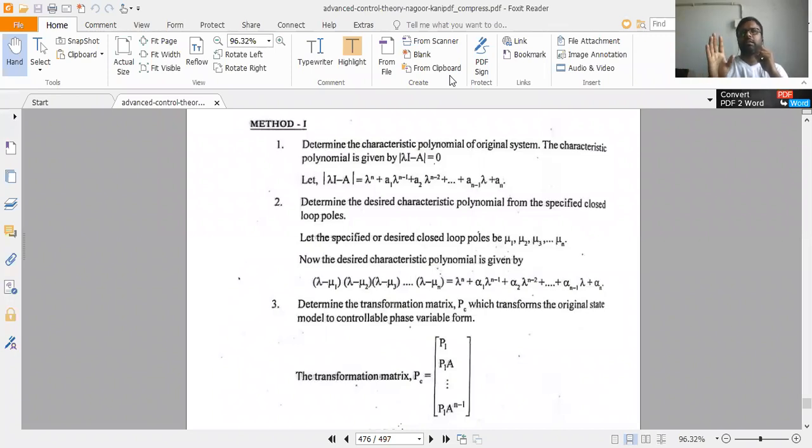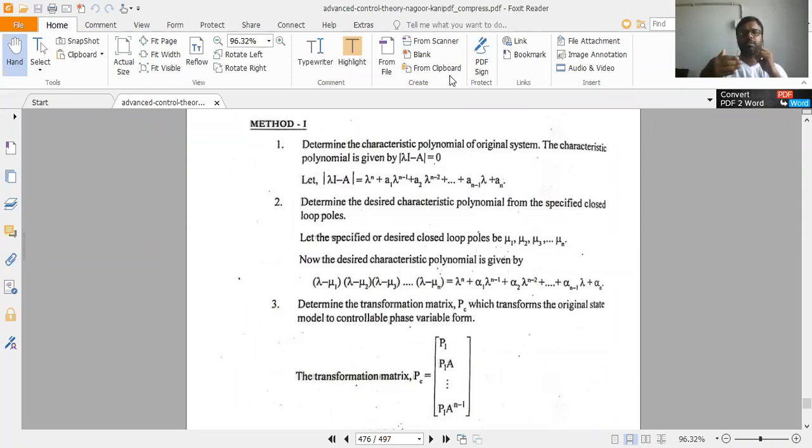Why? Because the controllability matrix consists of the elements B, AB, A square B, and so on up to A power n minus 1 into B. So for determination of the controllability, matrix A and matrix B are sufficient.